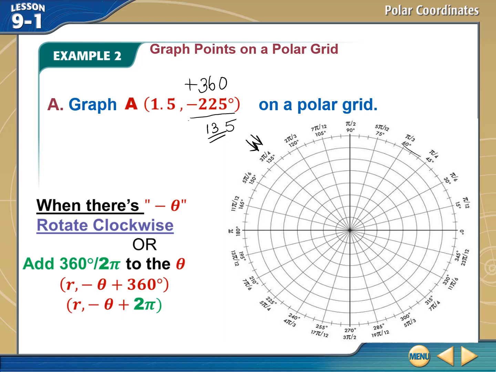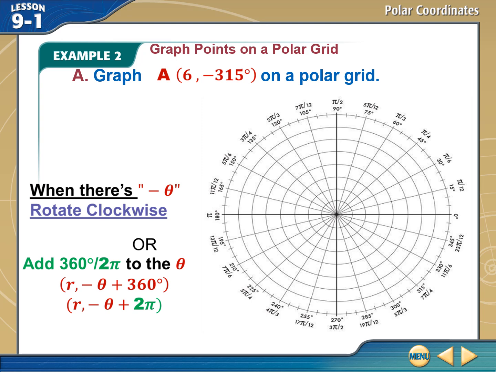And 1.5 means from the center you have the first circle, and then the middle of the first and the second circle. Just join it. So this is 1.5 and negative 225.